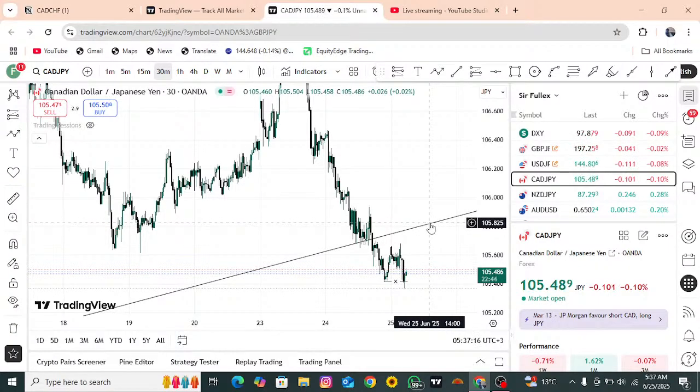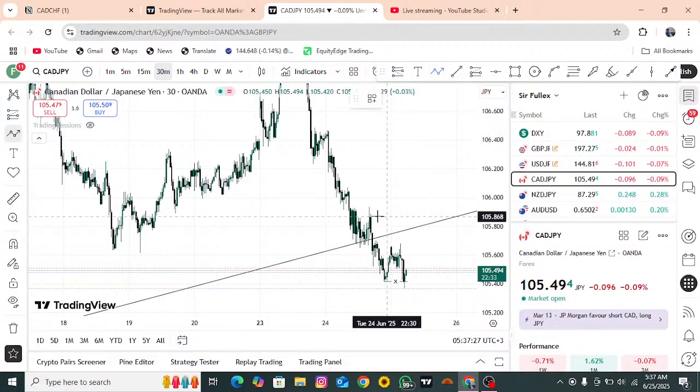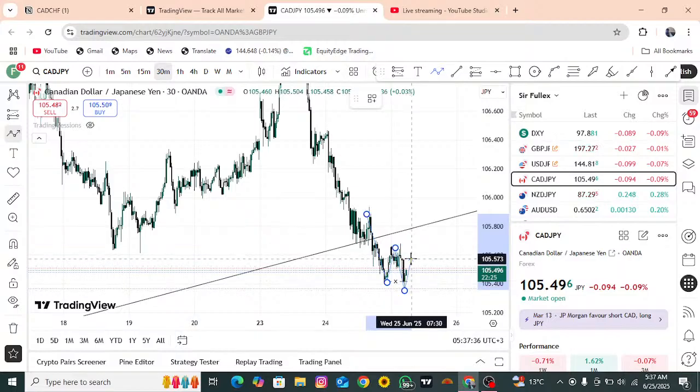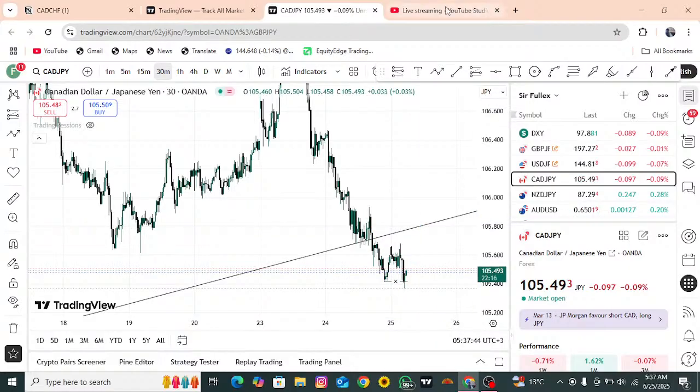So perhaps it can even be a double bottom. You never know. It can be our pattern. It's something that tends to happen for some time now.